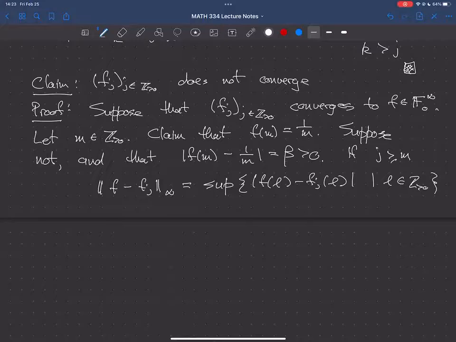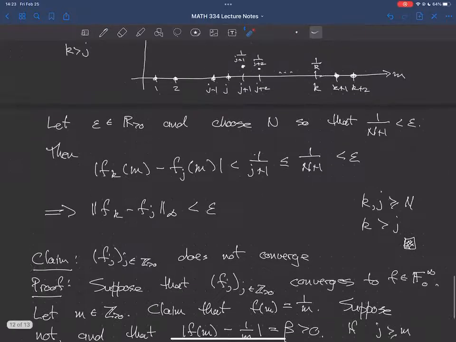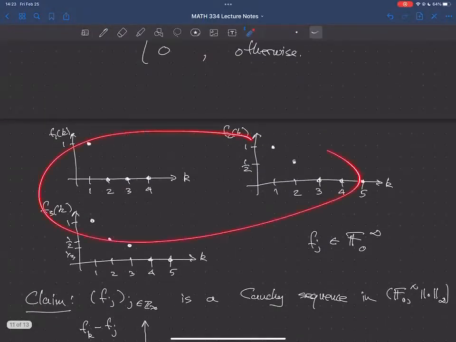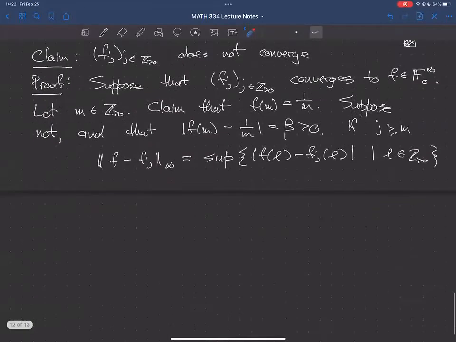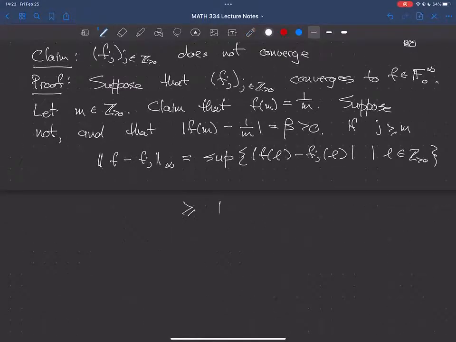Now in this sup is contained that, because I'm assuming that j is greater than or equal to M, and so I know that at L equals M, fj has the value 1 over M. So this is greater than or equal to f of M minus fj at M.